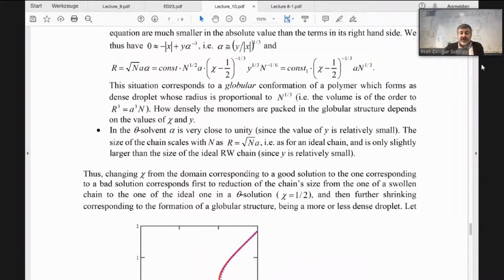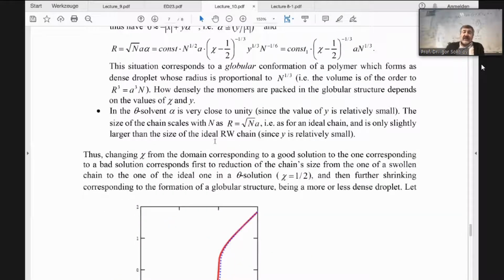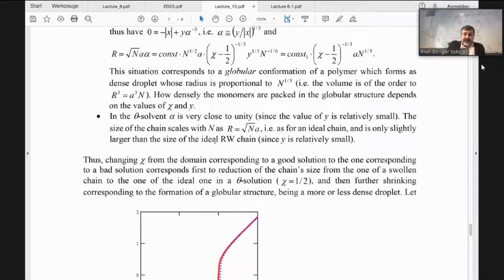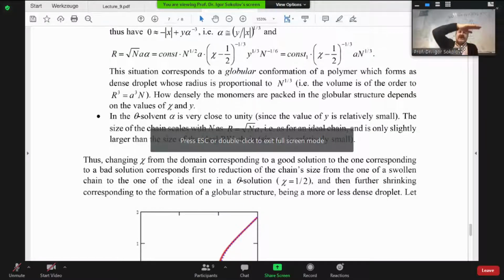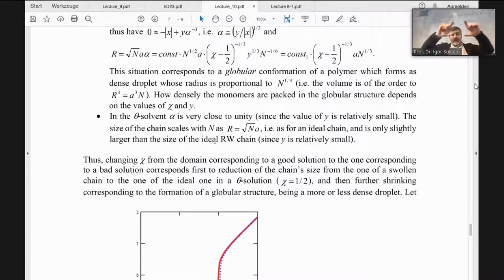So we have the transition between, in a good solvent, deep on my phase diagram, negative chi or small positive chi, practically up to a domain of the thickness of the order of square root of n around chi equal to 1/2. You have good solvent and the chain is swollen and behaves as a self-avoiding chain.